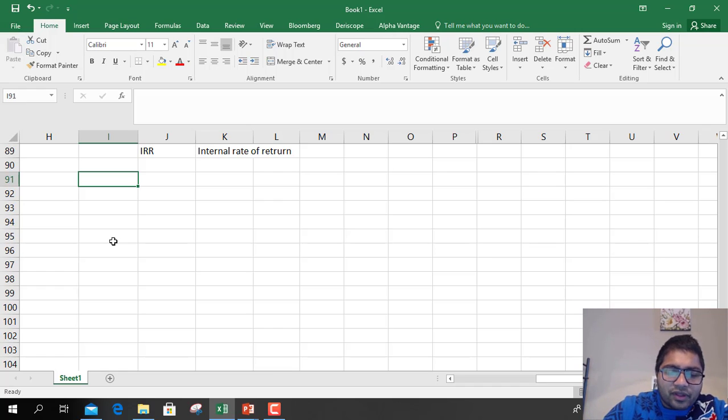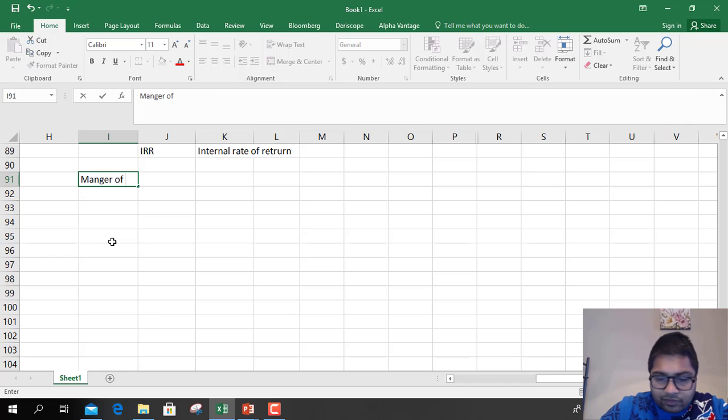So let's say you are the manager of Google, and Google is looking to go into gaming. Google is looking to start into gaming with spending on Stadia.